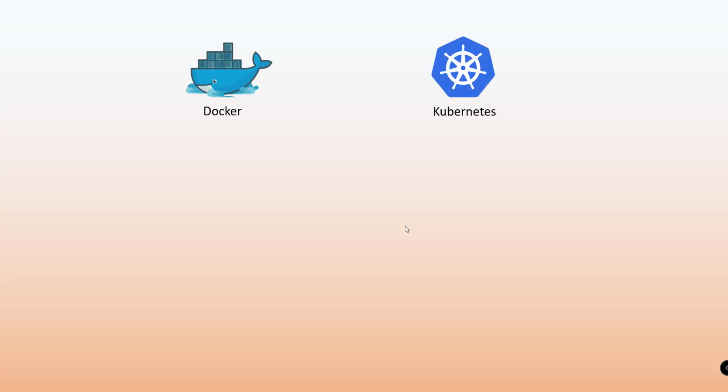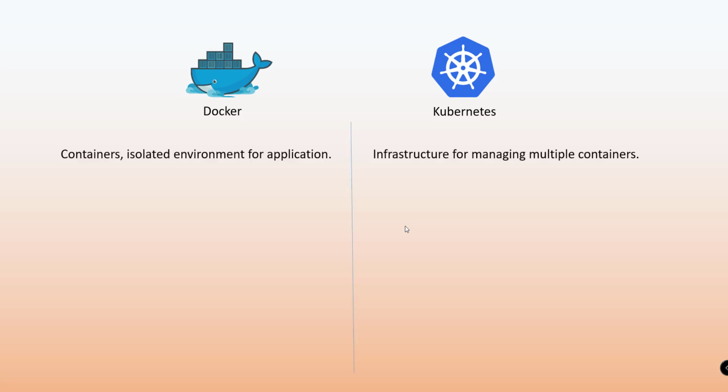In this video, first let us see what is the difference between Docker and Kubernetes. When we use these services, it is Docker containerization and Kubernetes orchestration. The first difference is we use Docker for containers and isolated environments for applications. To understand this a bit better, please do watch my Docker series.